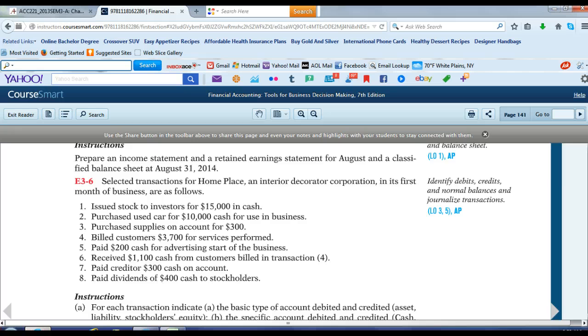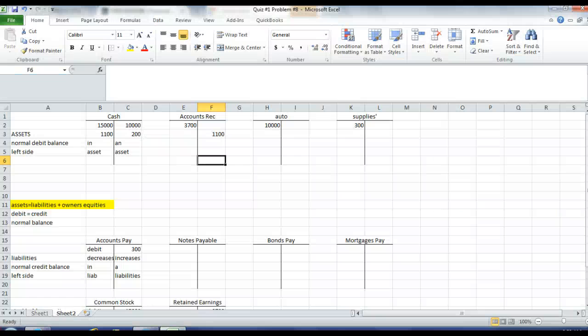Next, paid creditor $300 cash on account. Do you remember up here in 3, we purchased supplies on account for $300. Now we're paying off what we owe. So do you see here how we credited our $300, because we have a liability here. We're going to pay that liability.